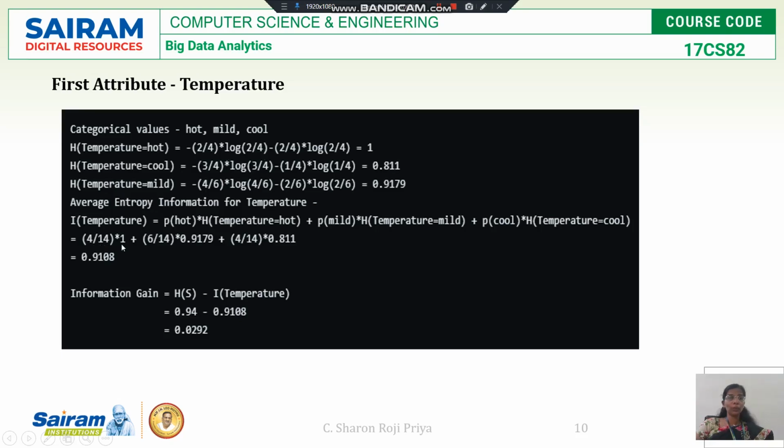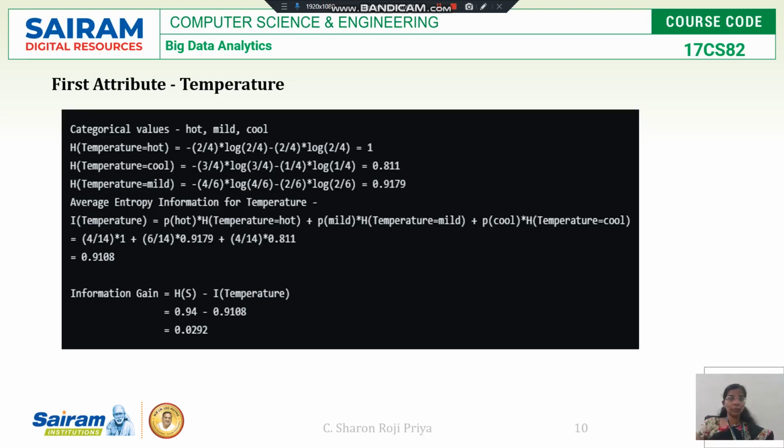This 4 by 14 into 1 plus, next here denominator 6 by 14 into 0.9179, plus then this 4 by 14 into 0.811. Right, you calculate the average entropy information.